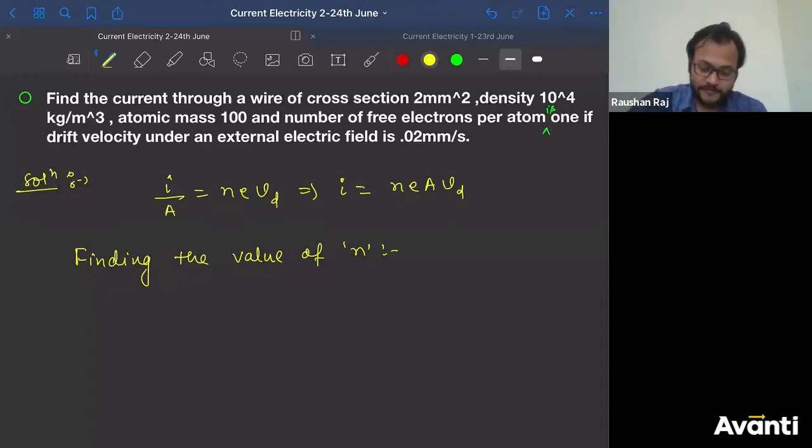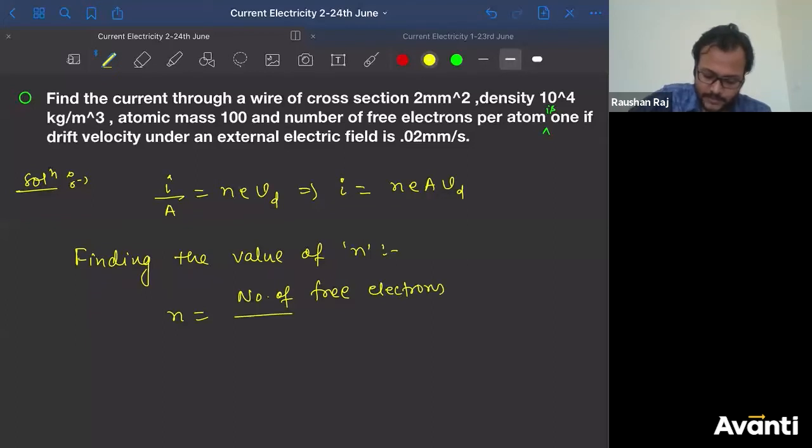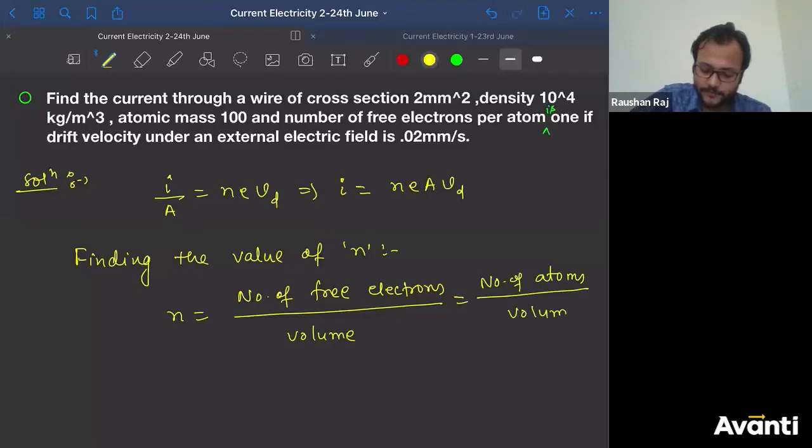So number of free electrons, let me write this, n will be equal to number of free electrons divided by volume. I'm going a bit comprehensive here. Then I can write this as number of atoms also divided by volume.